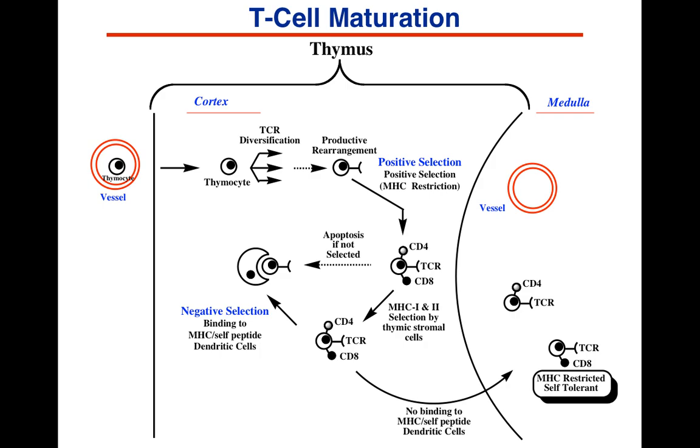And so now you have mature T cells. These are naive, right? They haven't interacted with any antigen processing cells, and they're referred to as self-tolerant because they should not interact with self-peptides displayed on MHC1 or MHC2.